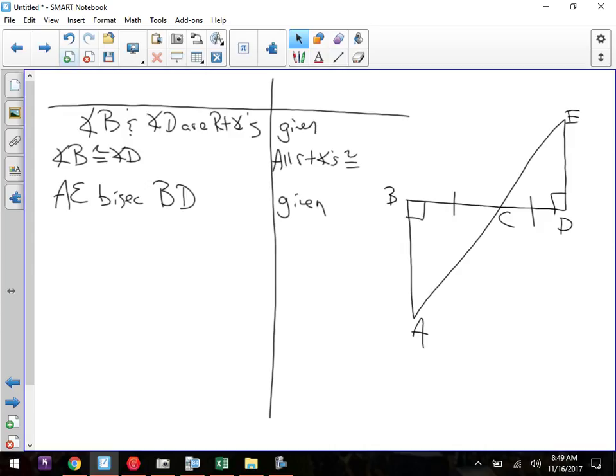They were asking that if it bisects one, does it automatically bisect the other? Not necessarily. It doesn't say that it does. If it did, it would say AE and BD bisect each other. Does that make sense? Because then you can say that you have two separate ones on one side, two separate on the other, and go from there.